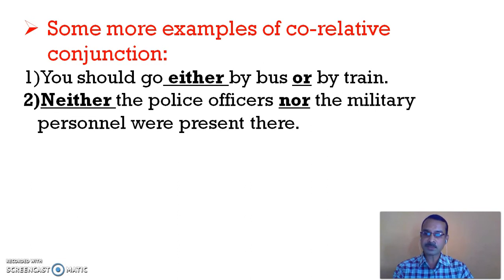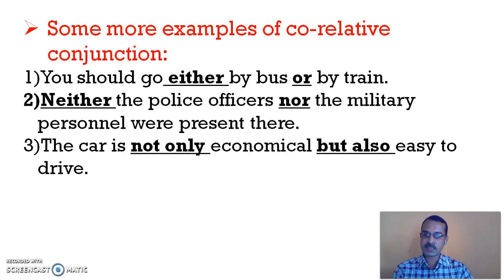Here we can also write either the police officer or the military personnel were present there. It can also be applicable. So sometimes there can be more than one possible answer in such examples.